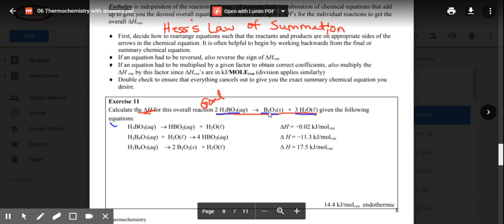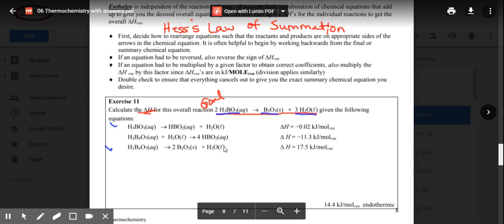Now I look for B2O3. B2O3 is present right here. This is in the product side, and I want it to be in the product side, so I want to keep that reaction as well. I don't want to flip it or anything. Now I look at water in the liquid form. I have some water in the liquid form here, and I wanted to keep that reaction anyway.